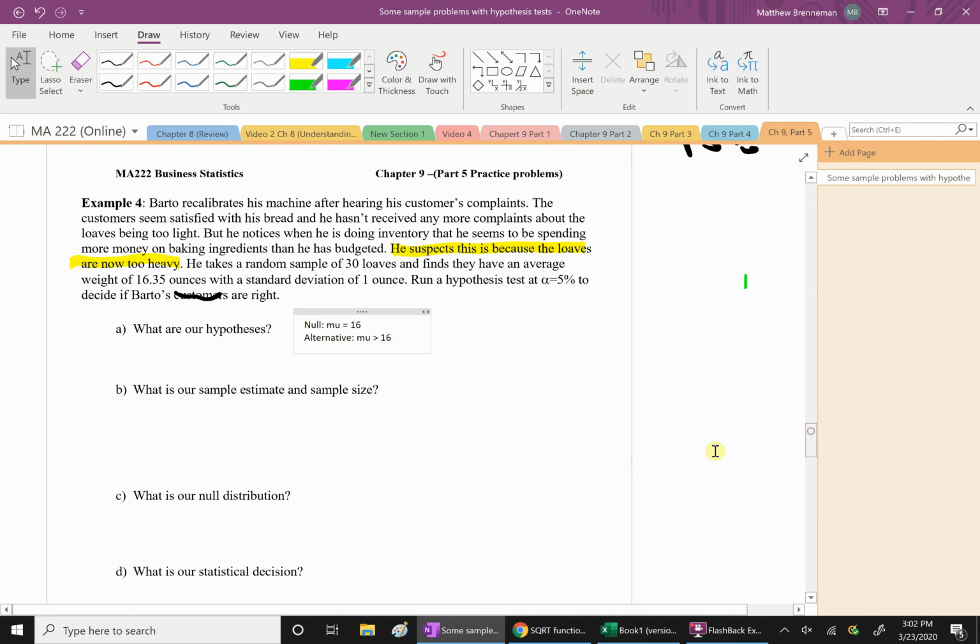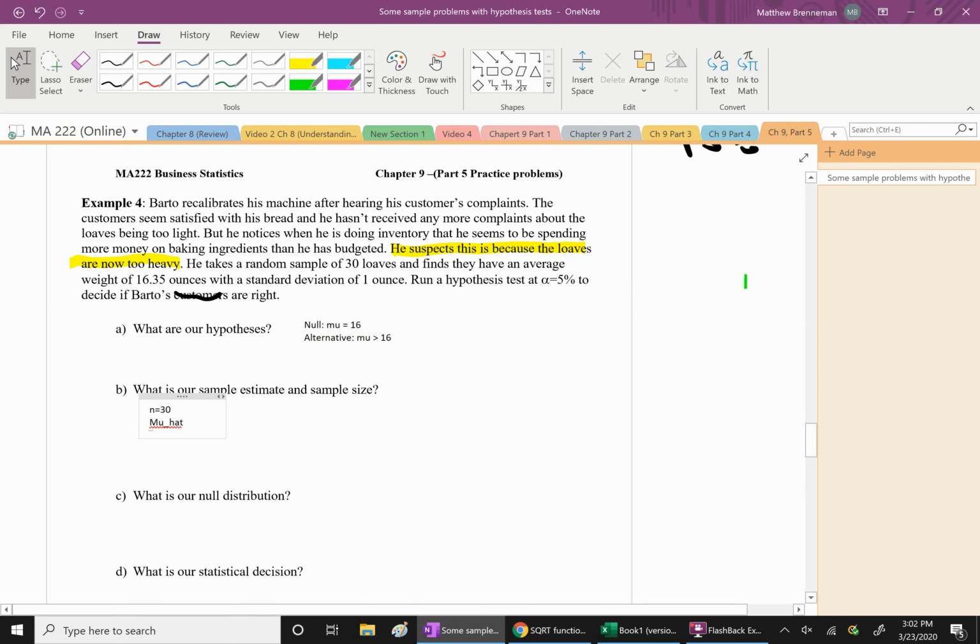So what's the estimate and the sample size? Well, he takes a sample and he has 30 loaves. And we notice that from those 30 loaves, they have an average weight of 16.35 ounces.